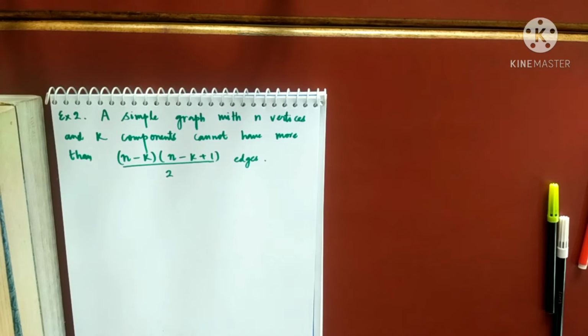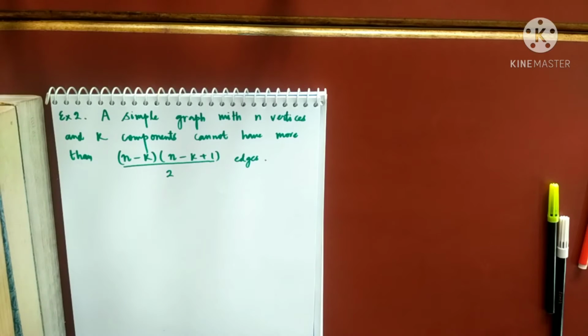If you give me any simple graph, that means having no parallel edges or loops, containing n vertices first of all. Now this simple graph may be disconnected, because I have already done that the number of edges in a connected graph cannot exceed n minus 1, right?